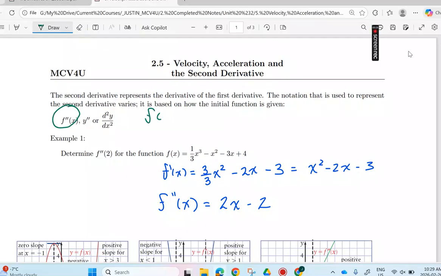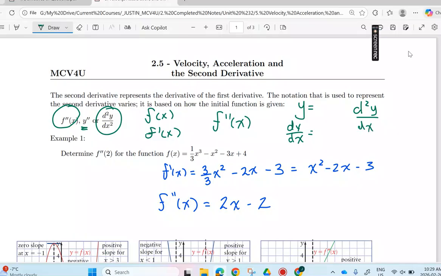So we have f(x), which is the original function, f prime of x, which is the first derivative, and then f double prime of x, which is just the second derivative. I can write it either as f double prime x with two little dashes, y double prime, or, for example, if I have y equals blah blah blah, dy over dx is the first derivative, and then d2y over dx squared, not to the power of 2, would represent the second derivative, okay?